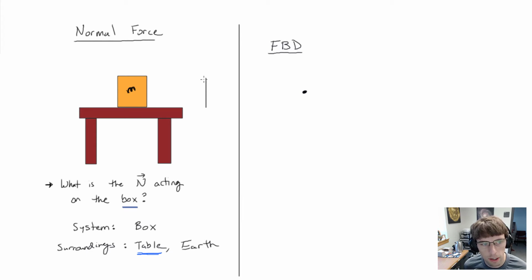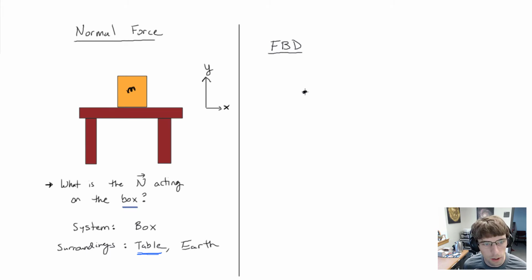So I will go ahead and call this direction the y direction, and I'll call this direction the x direction. So just putting some axes in. Now I could say, according to the axes that I've drawn, what direction is the normal force? You say the y direction. I agree.